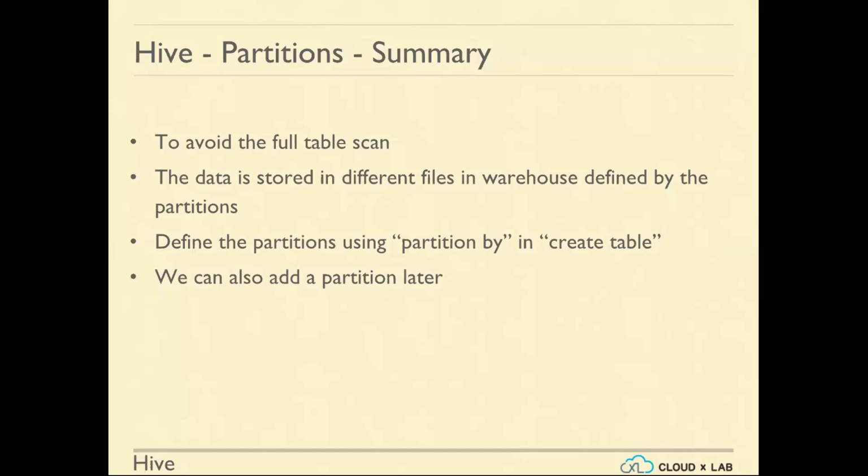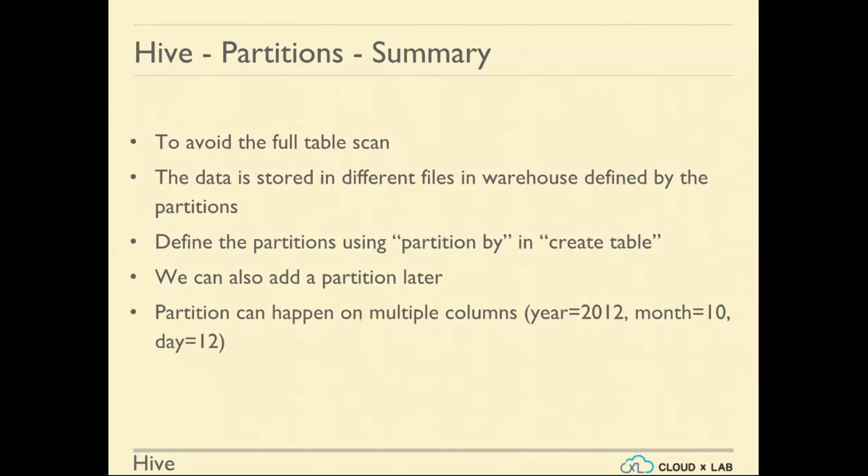This is the most practical way of doing data processing if our data is structured. We can also add partitions later. A very important part is that partitions can also happen on multiple columns. Instead of year, let's say you have monthly data, or even daily data. Let's say every day's data is a few gigabytes, and your files are on a per day basis.